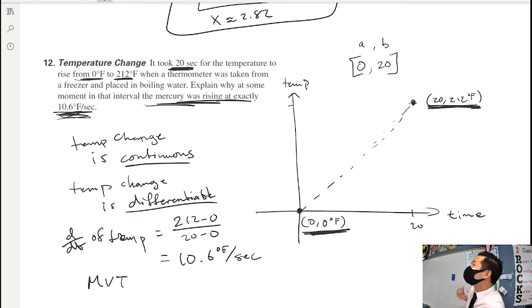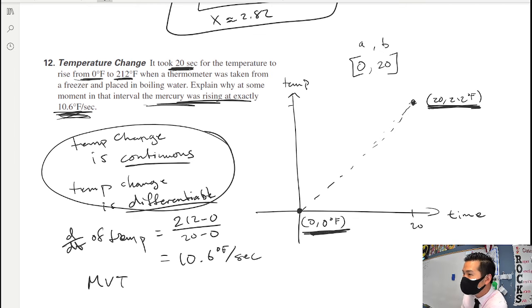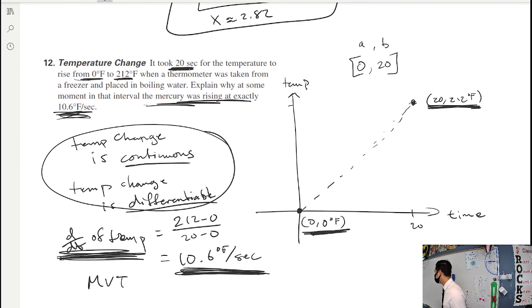The mean value theorem guarantees that this exists as long as the function is what? It's differentiable and continuous, right? Since I proved that it's continuous and it is differentiable, the mean value theorem states that the rate at which the temperature is changing should be equal, at some point, to the slope of the secant line, right? And it's guaranteed.